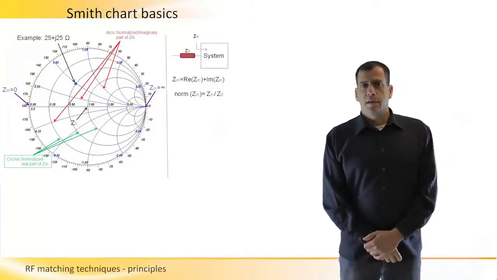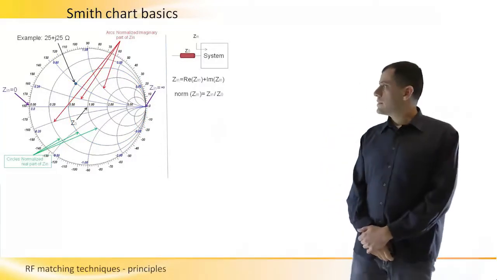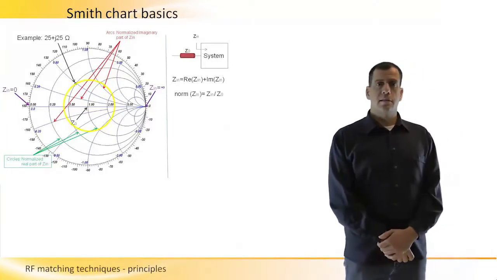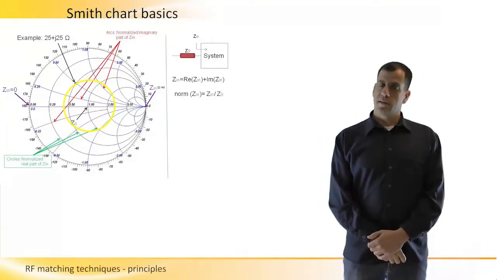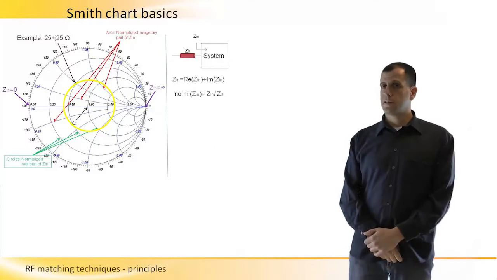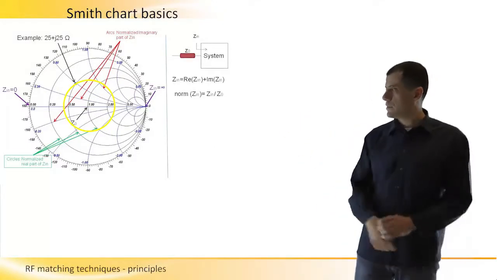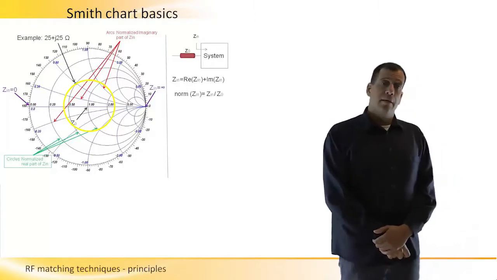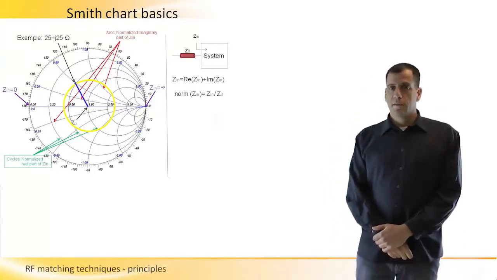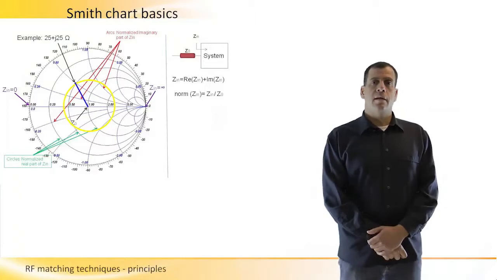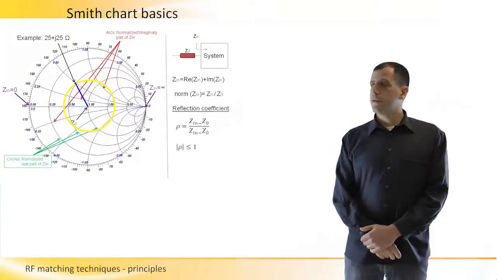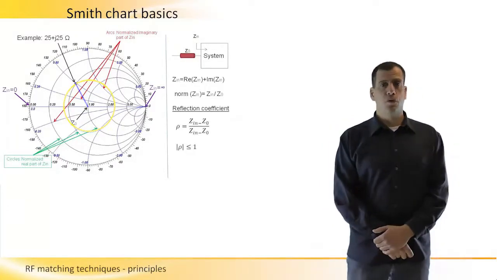Now, what will happen if we look at the circle whose center is located on the Smith chart center, and its circumference crosses the impedance that we have just marked. The radius of this circle is the magnitude of the reflection coefficient rho.